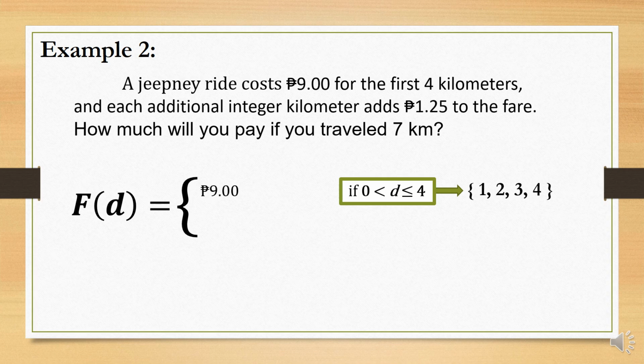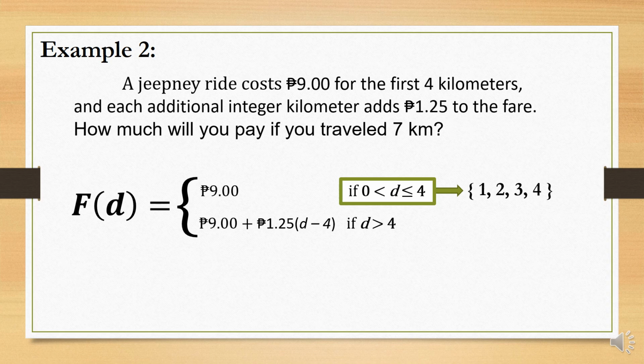Now, paano kung more than 4 kilometers? Okay, dito na papasok yung second sub-function natin. Since according to the problem, each additional integer kilometer adds 1 peso and 25 centavos to the fare. So we can represent this as 9 pesos plus 1 peso and 25 centavos times D minus 4.